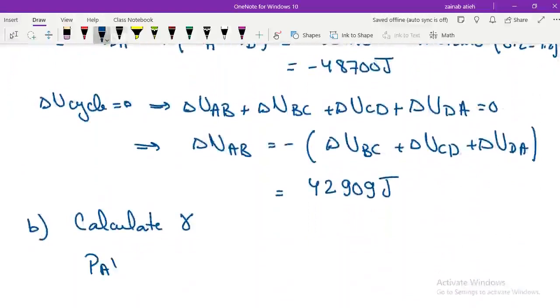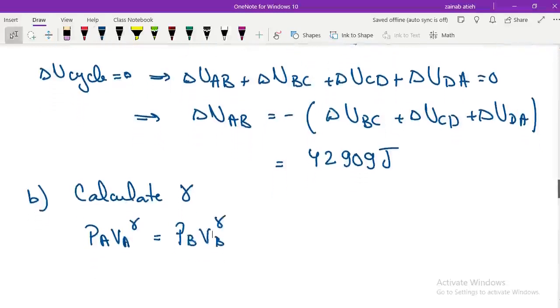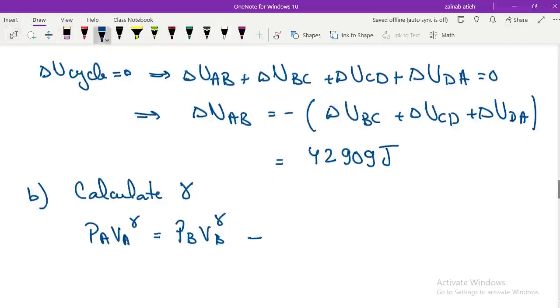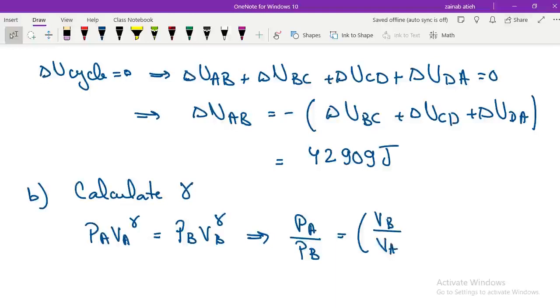PA VA to the power gamma is equal to PB VB to the power gamma. Why? Because A and B are 2 points from an adiabatic process. So this implies PA over PB is equal to VB over VA to the power gamma.